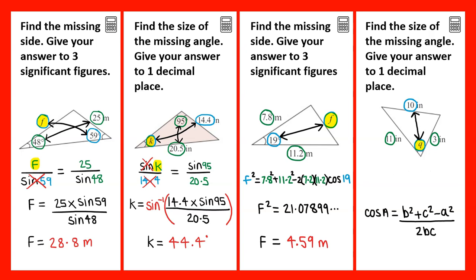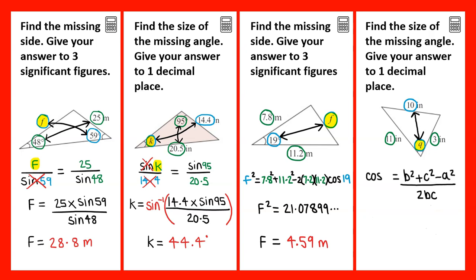Using the second, more commonly used version of the formula, uppercase A is the angle to be found, labelled as Q, lowercase a is the opposite length, and b and c are the other known lengths of 11 and 3. Again, it doesn't matter which of them you label as b or c.